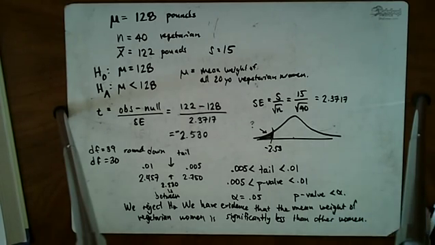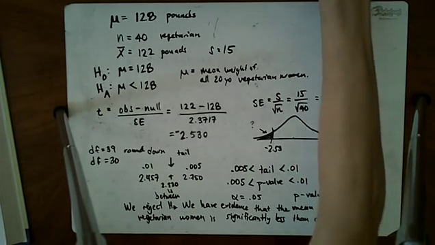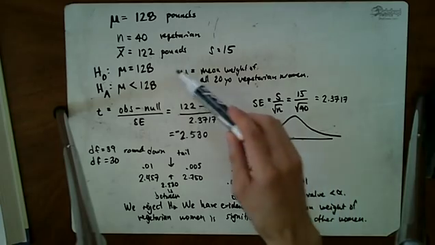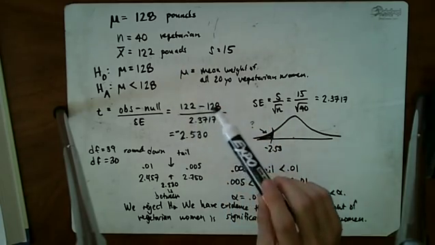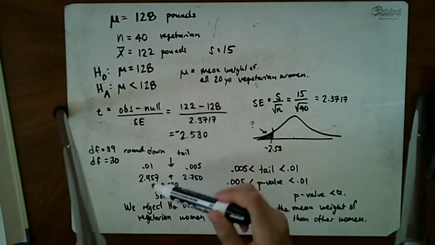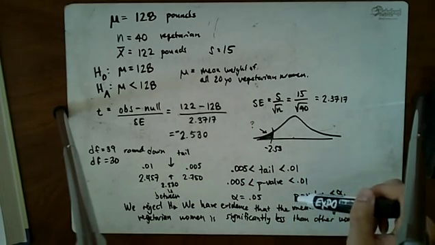Alright, and so that's part A. Okay, so please make sure you can set up the null and alternative hypotheses, figure out your test statistic, and then find the corresponding p-value.